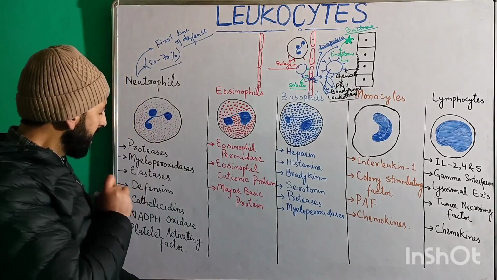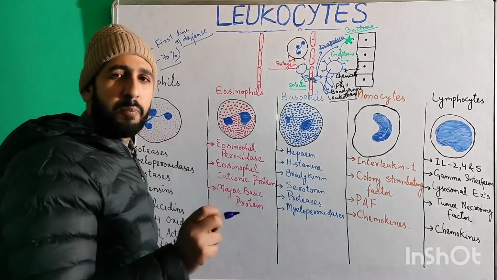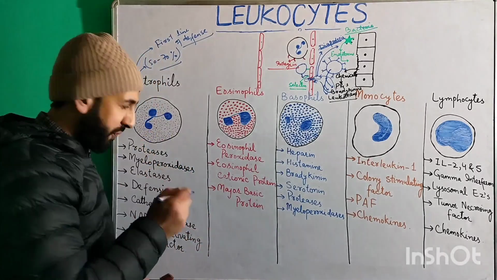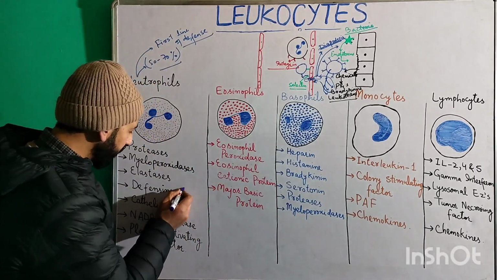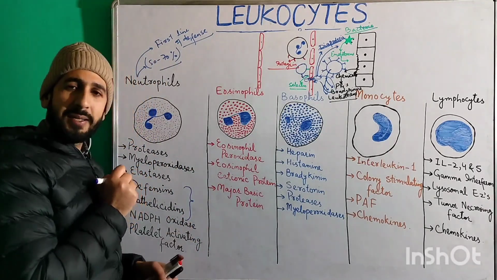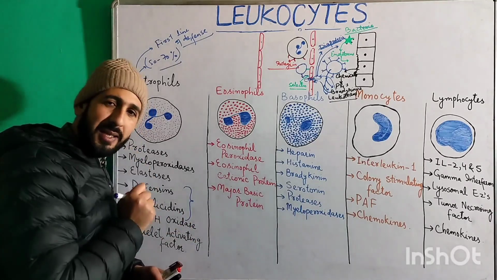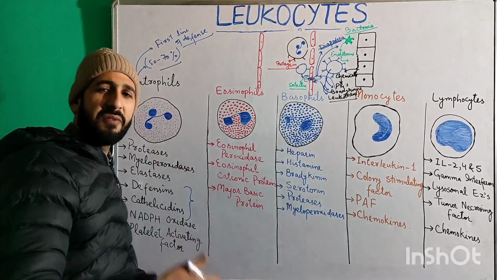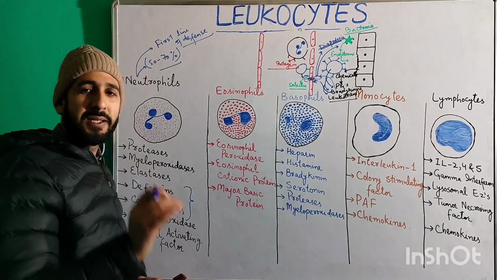After this, another very important substance secreted by the neutrophils is defensins and cathelicidins. These defensins and cathelicidins are peptides which are very important against bacteria and fungi.